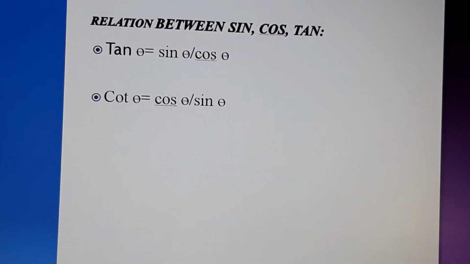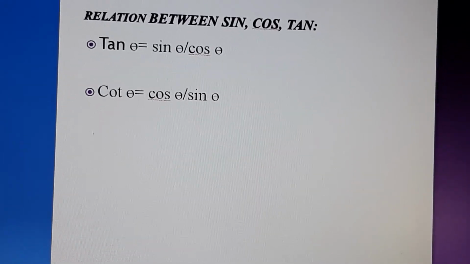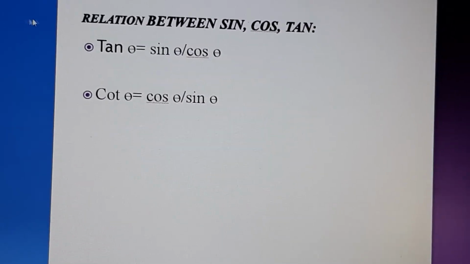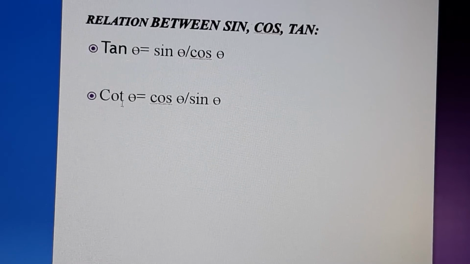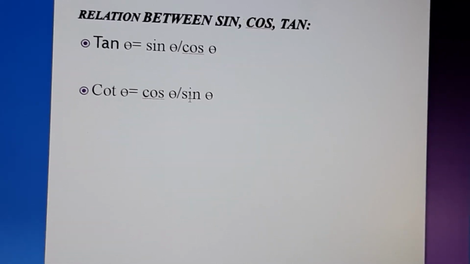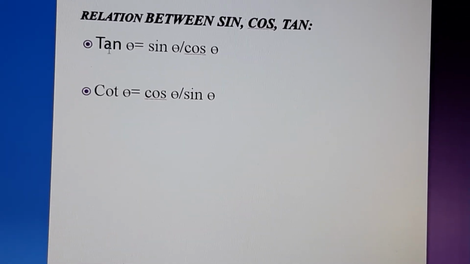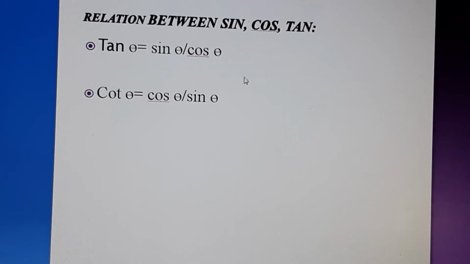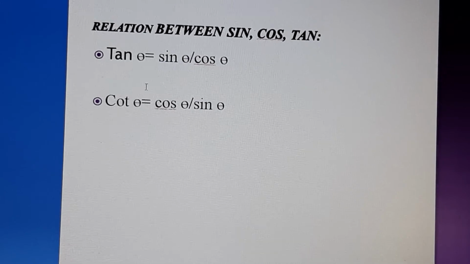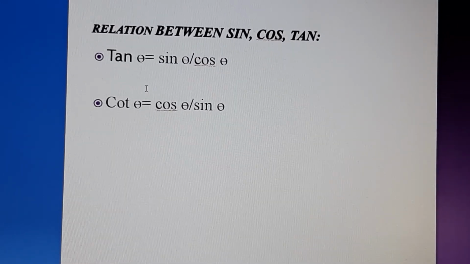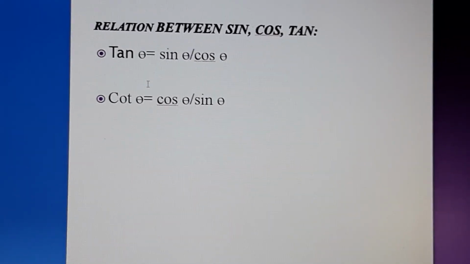Opposite of tan, which is sin by cos, in the same way cot is cos by sin. These two are opposite to each other, and these two relations also we have to remember very carefully, as it is very important. I hope you all understood this one. Thank you.